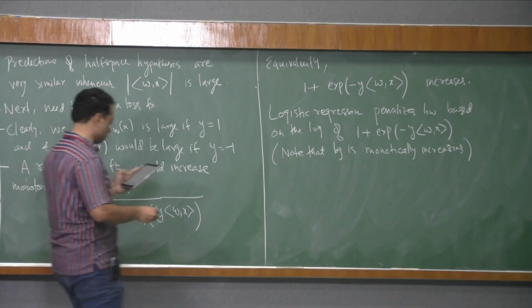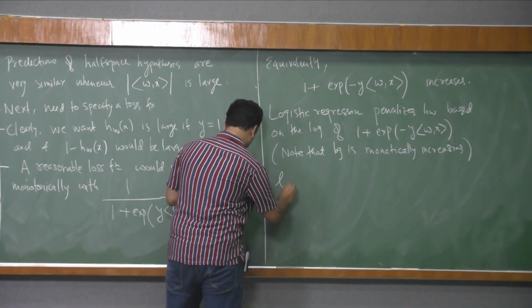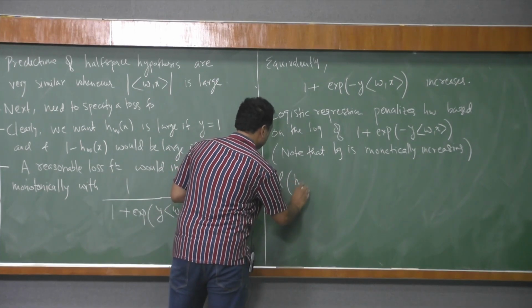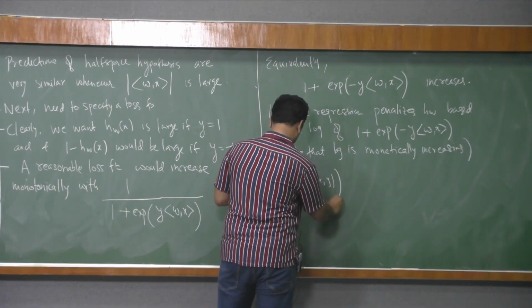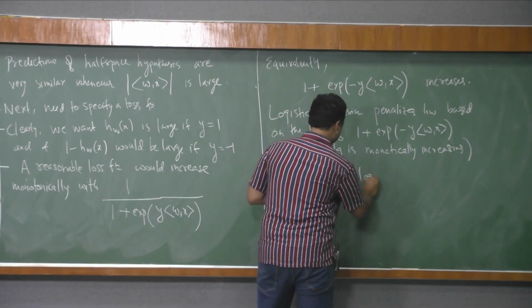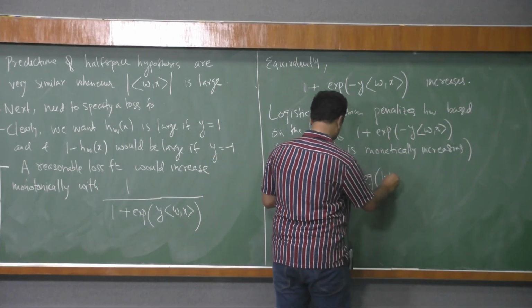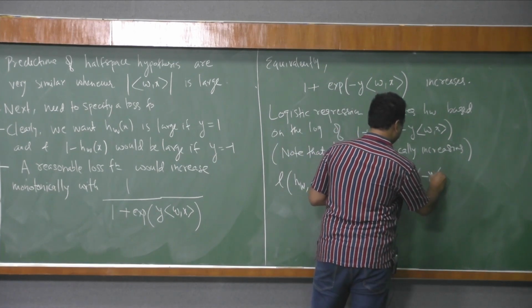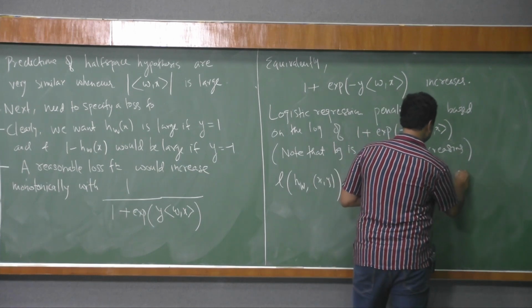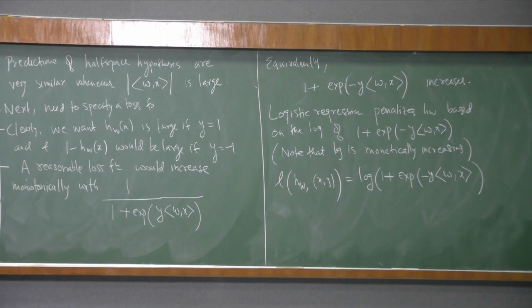That will be our loss function, which we write as small l of h_w, x, y, and this is log of 1 plus exponential of minus y w transpose x. So this is the main thing about logistic regression. This is the final thing.